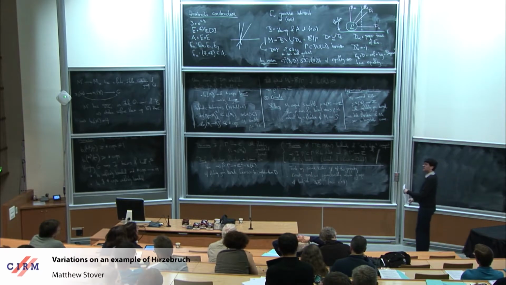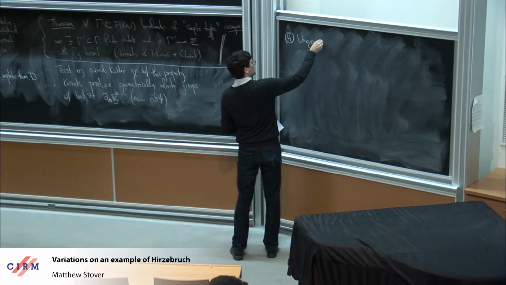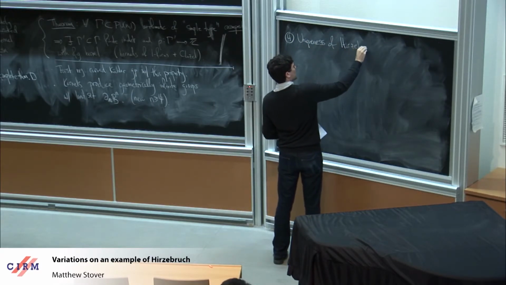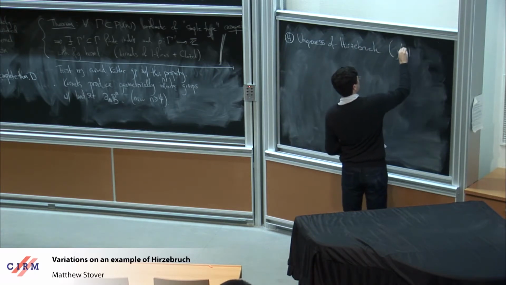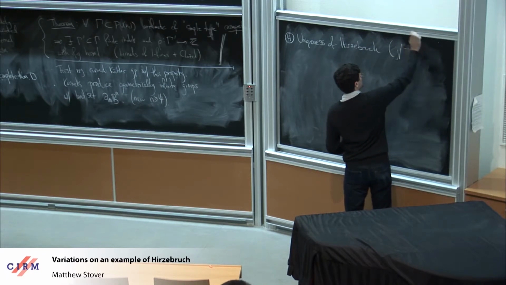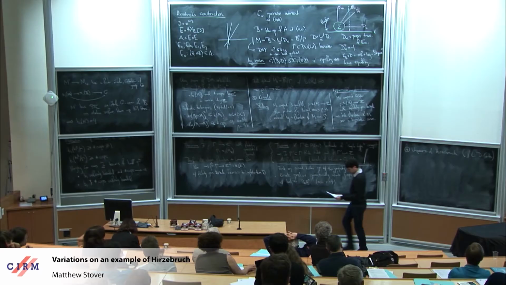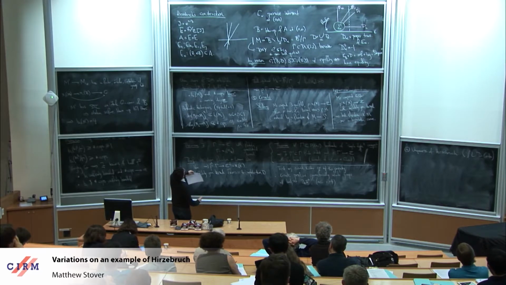Okay, so the last topic I'll talk about is the uniqueness of Hirzebruch's example, and the rest of this will all be joint with Luca Di Cerbo. And so I believe it's up there. Maybe it got erased.